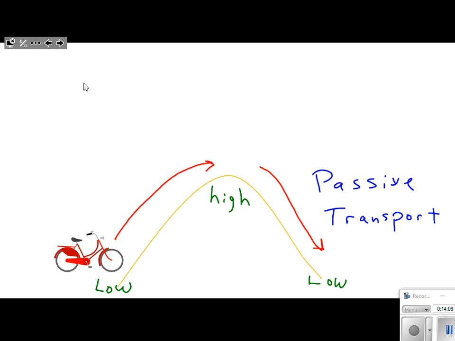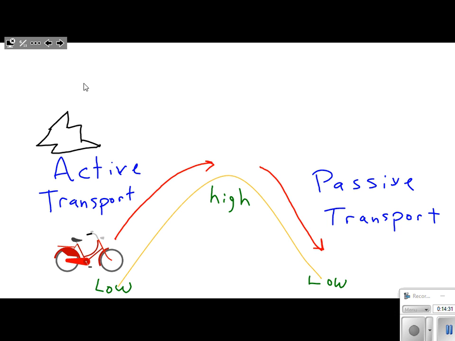Absolutely. So that side is active transport. So to pedal my bike up the hill, I am going to need some sort of, and this is my lightning bolt, some sort of energy right here to ride my bike up the hill.